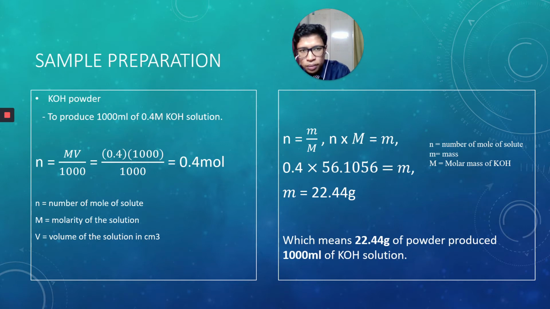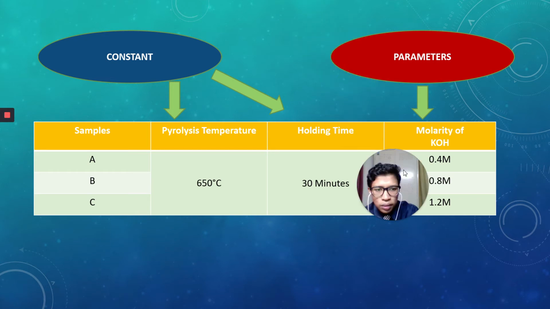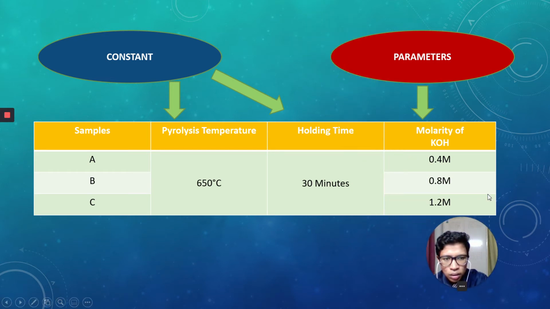Okay, next, this is my sample, which is only 3 samples. The constant for this project is the pyrolysis temperature. We use 650 degrees Celsius, and the holding time is 30 minutes.